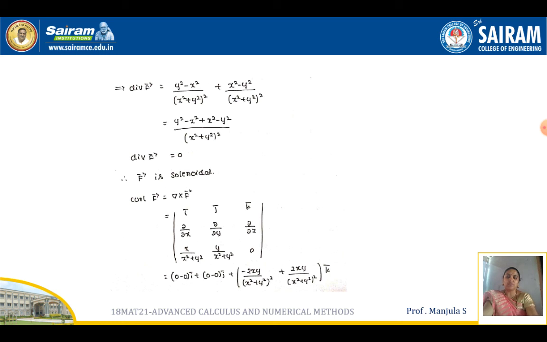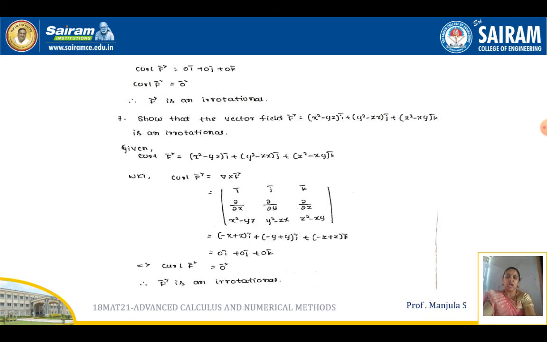Now we'll go for expansion of this determinant. On expansion, next we have to do the simplification so that we are getting this curl f is 0. So clearly we can give the conclusion that vector f is irrotational.